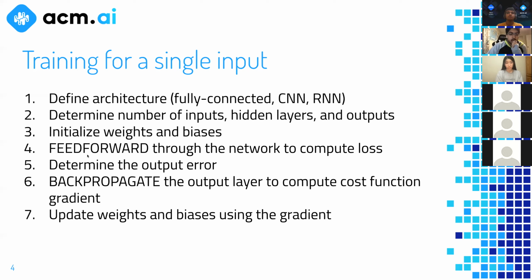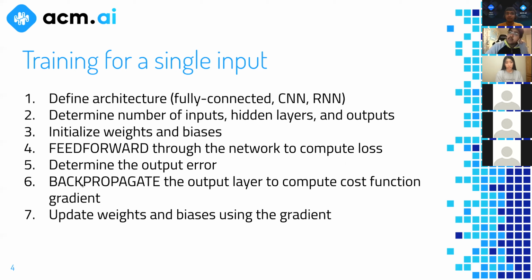Then we went over a really important process in the recording last week, called feed forward. Feed forward is how we use our weights and biases, given some inputs, to create a certain output. Then we use a loss function to compute a loss on our model, given some examples. Then we determine the error from that loss.